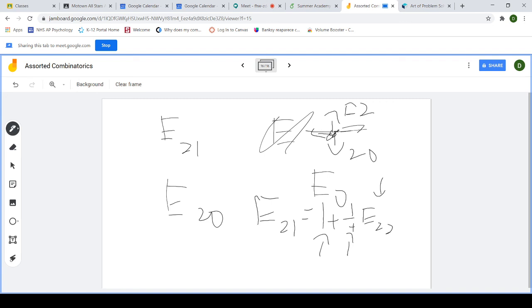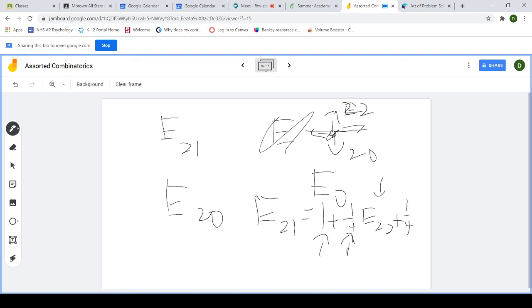Does this make sense? There's a 1 in 4 chance that we make it to E22, and once we get to E22, the expected number of jumps it takes to get to the river is just the expected number of jumps from y equals 22, which is E22.